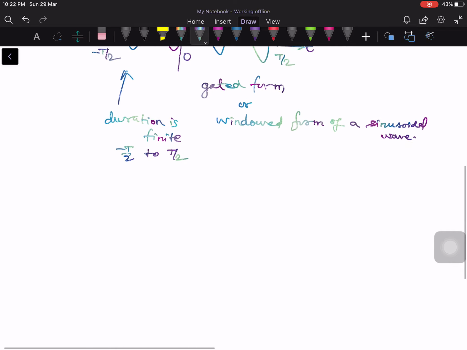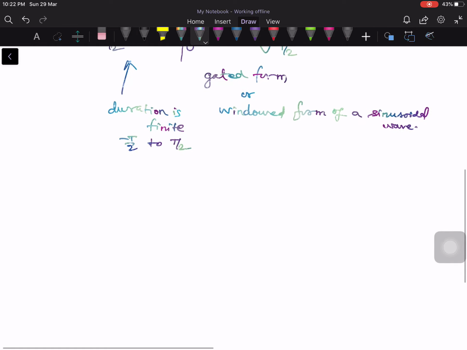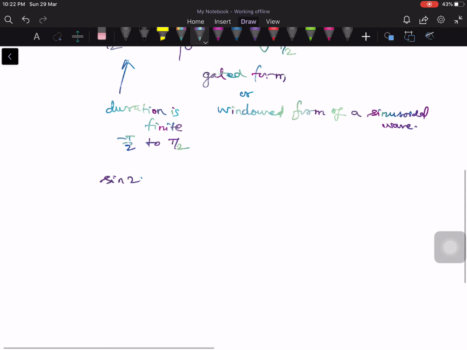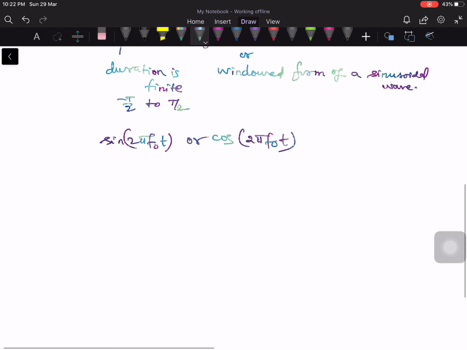If you want to define it mathematically, it is a sinusoidal function. In that case, you can consider either sine of 2 pi f naught t or cosine of 2 pi f naught t, in the time duration between minus T by 2 and plus T by 2. In general, its phase may be arbitrary.